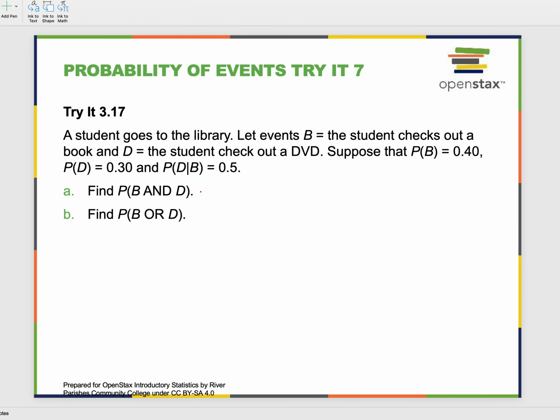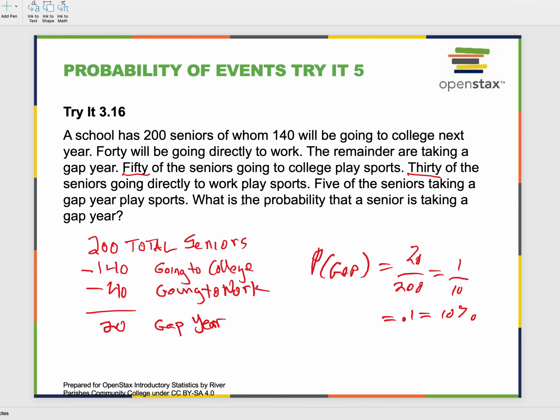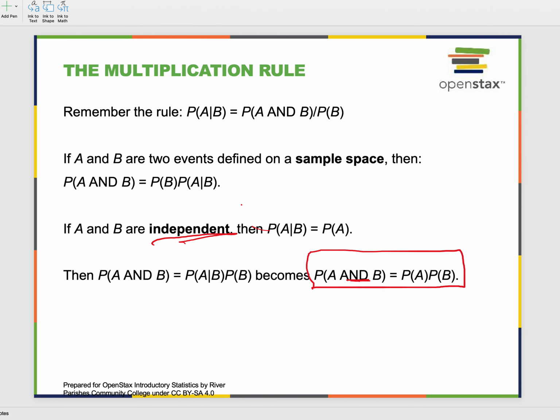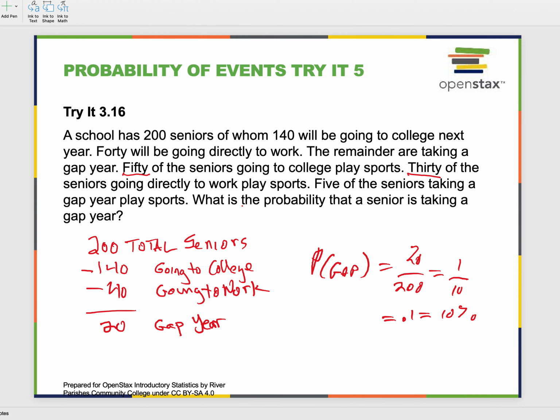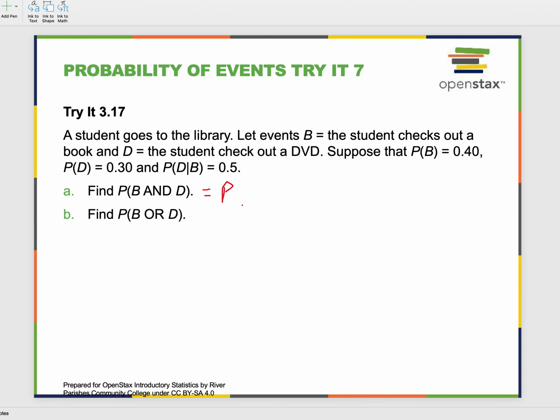Well, if we look at this, let's make sure we do it right. This is what I was trying to do last time and I messed up. So A and B is the probability of B and A given B. That's very confusing. We got a lot of stuff here. So this is a probability. We've got the probability of D given B.